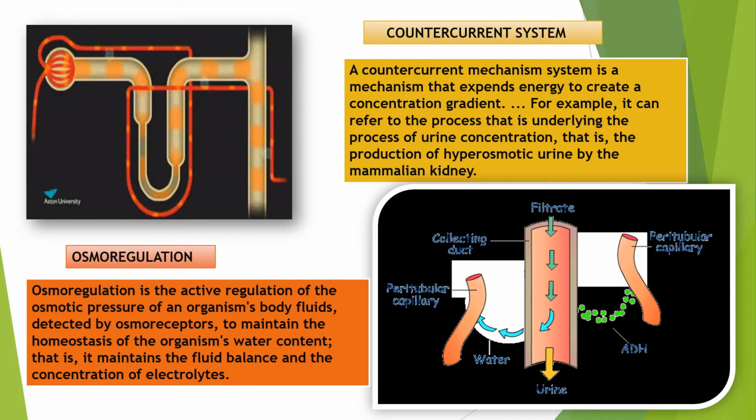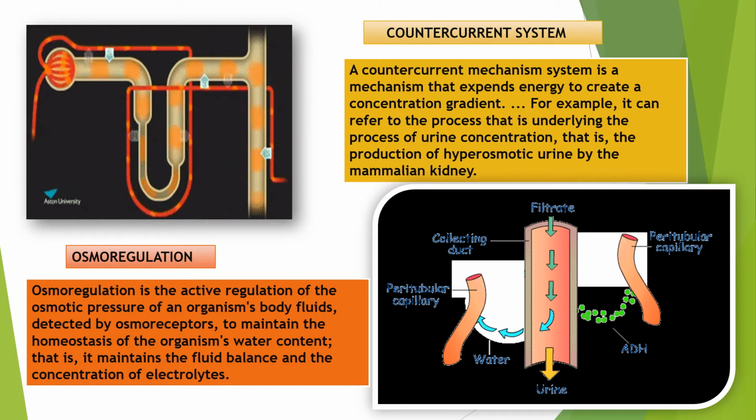Next topic that we are going to discuss, that is counter current system. A counter current mechanism system is a mechanism that expends energy to create a concentration gradient. For example, it can refer to the process that is underlying urine concentration, that is the production of hyperosmotic urine by the mammalian kidney.